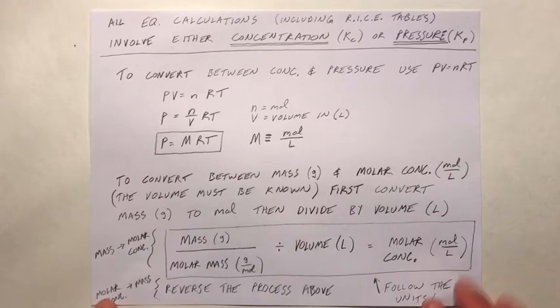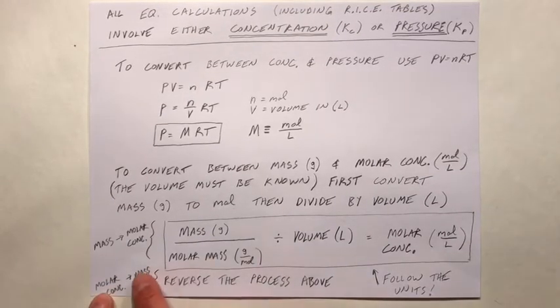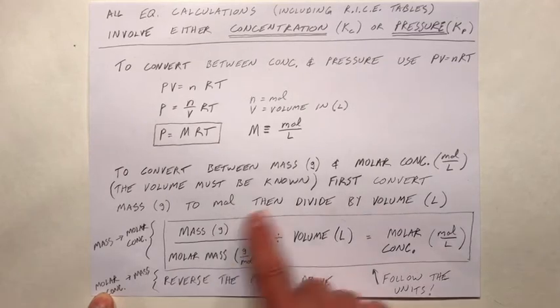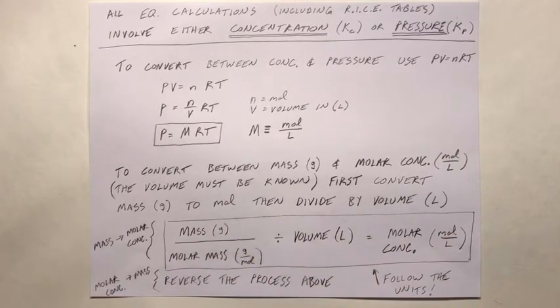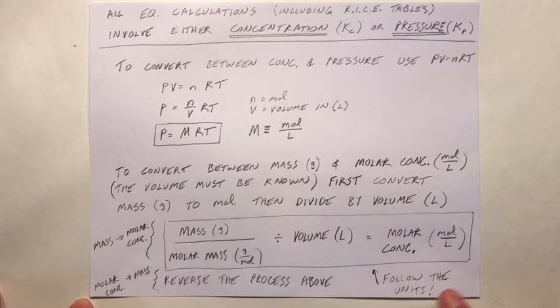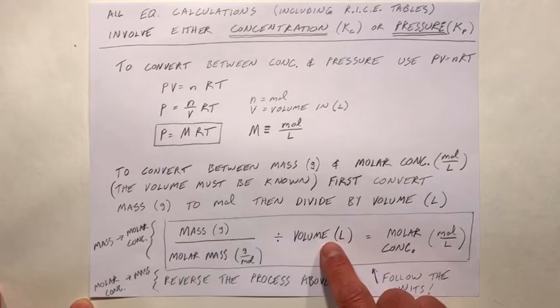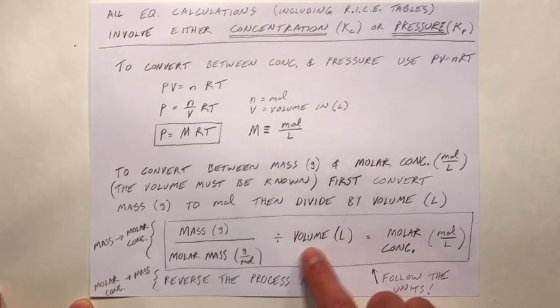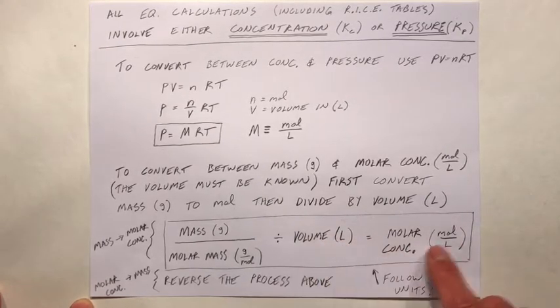Now, if you want to do the reverse and convert molar concentration into mass, we would just do the reverse of this process. But I would encourage you to not try to memorize the process or put some kind of equation together with this. Rather, just follow the units. Let the units tell you what you have to do. If you want to get moles, grams divided by grams per mole gives you moles. And then divide by liters, moles divided by liters gives moles per liter.